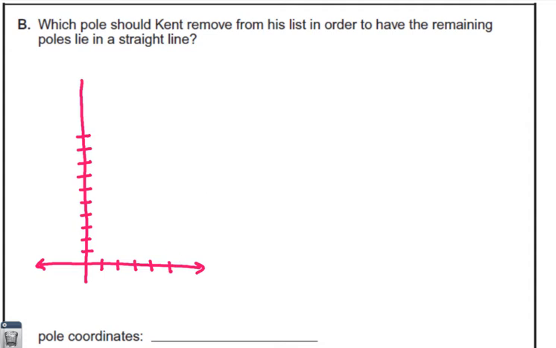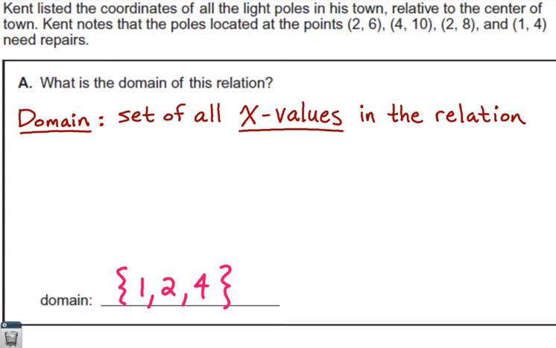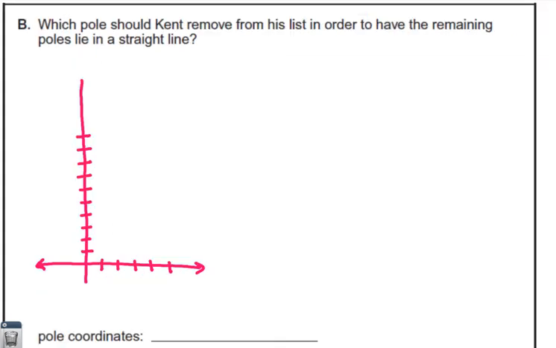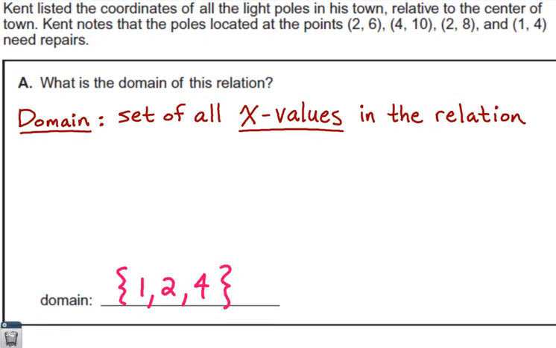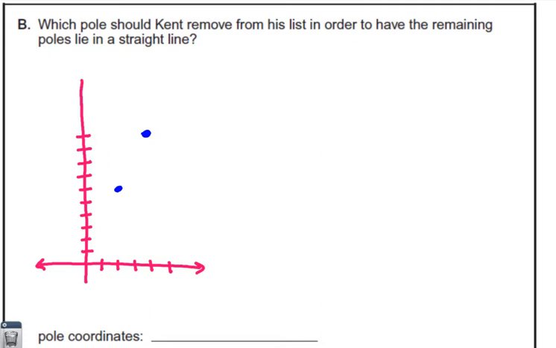Maybe just by sketching a quick little graph, it'll be obvious. So 2, 6, 4, 10, 2, 8, and 1, 4.